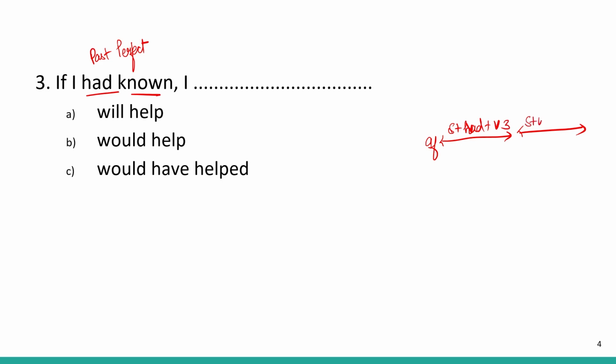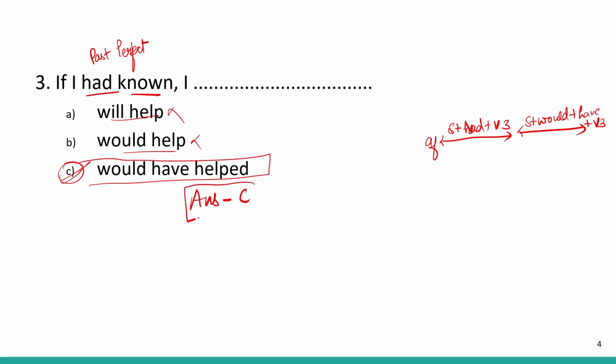Here we need subject plus would, then we need have, and then we need verb third form. So let us check. This is will help, don't come, would help, type 2 condition, no come, not come. We need type 3 condition, that is would have helped. So again our answer will be C. Isn't it easy?